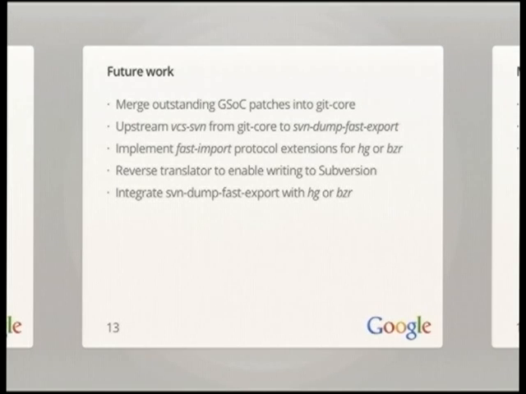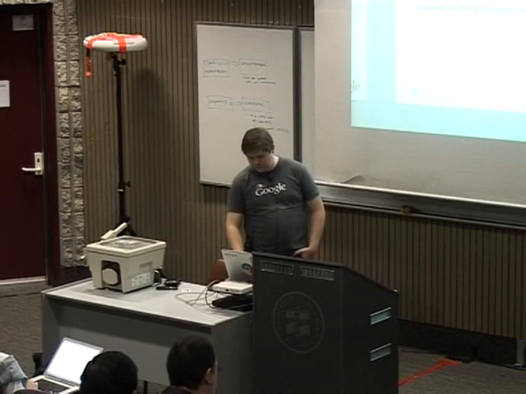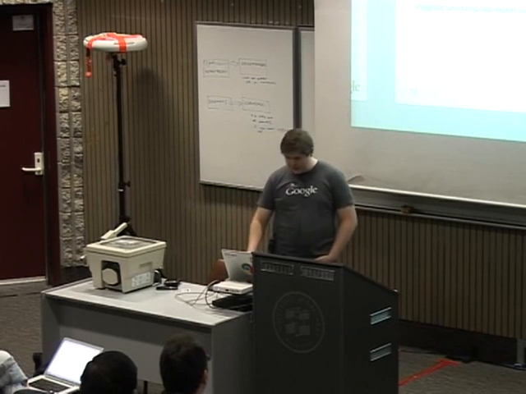Alongside that, I need to get in contact with the Mercurial and Bazaar communities so we can ratify the protocol extensions and have those supported in their implementations of fast import. Similarly, we need write support for Subversion, which is not yet done. It's a to-do. And finally, having done all those things, we can actually have native Subversion support for Mercurial and Bazaar. I guess they'd like that too.